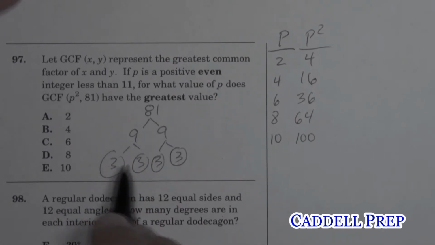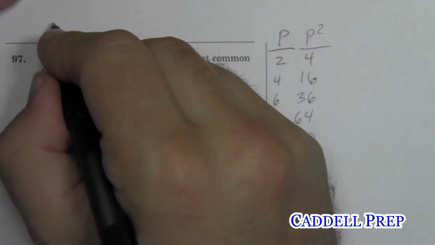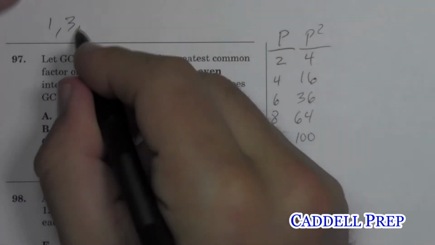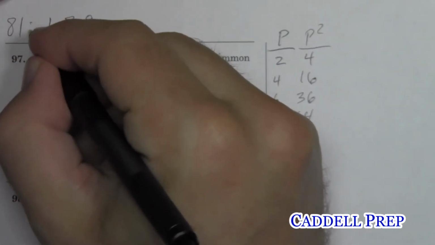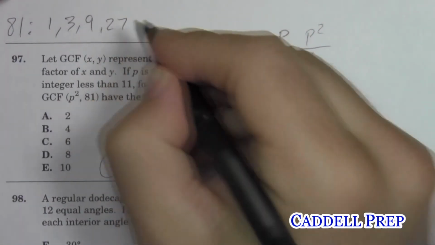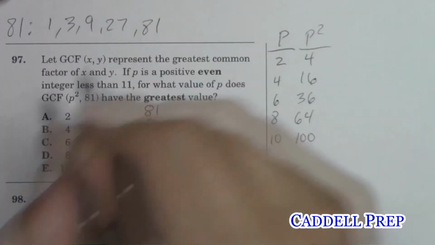So factors of 81 are any combination of the prime factors. So of course it could be 1, it could be 3, it could be 3 times 3, it could be 3 times 3 times 3, which would be 27, and then of course it could be all of them multiplied together, which would be 81.